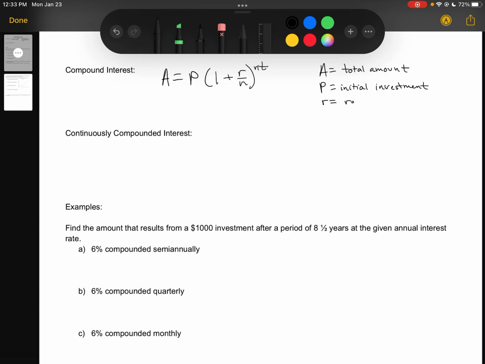This is sometimes called principal. R is the rate, the interest rate, sometimes referred to as APR. N is the number of times it's compounded each year. And then T is the number of years.